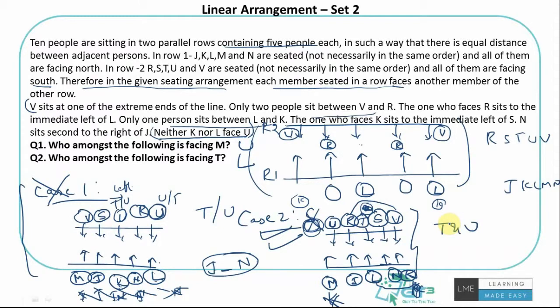So it just depends on the problem and the type of clues given to either use the cases approach, or you rather try to see it as a single arrangement and rule out all the possibilities and get the final arrangement. That comes through practice, so don't worry about it, but just keep in mind that this is also a valid approach to try and depends on the situation and the question.